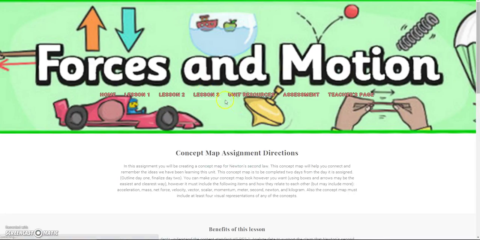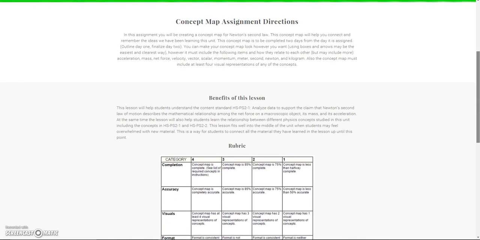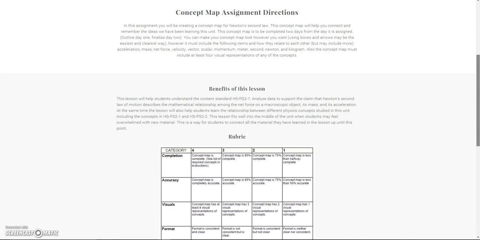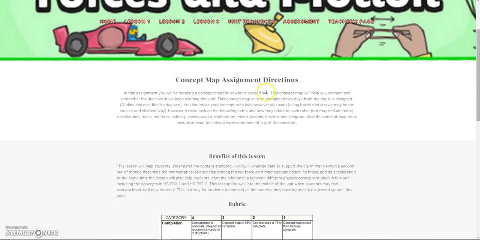Okay, so lesson 3 is the concept map. It is a lesson for students building a concept map. They're going to be creating this for Newton's second law, and like I said, this is really the big idea in this unit.